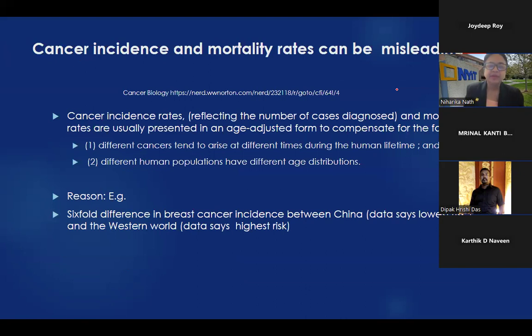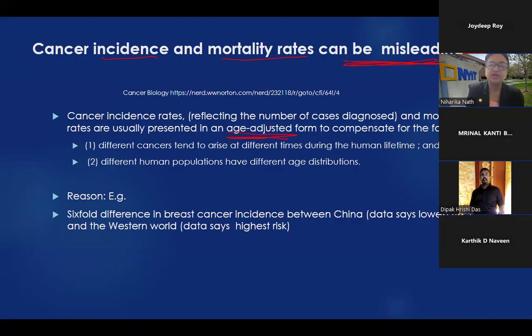And I want you to just remember one thing. This is not me saying this, but this is the textbook saying that whatever data you see, mortality rates, death rates, can be misleading. It's not me saying this. This is out there, that it can be misleading. Why? Because it's age adjusted.